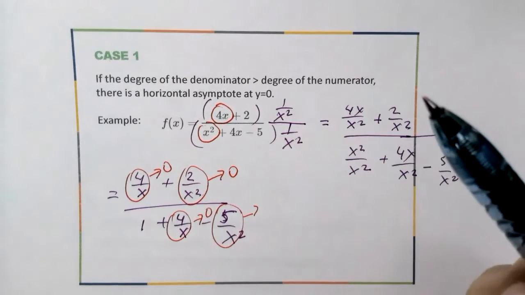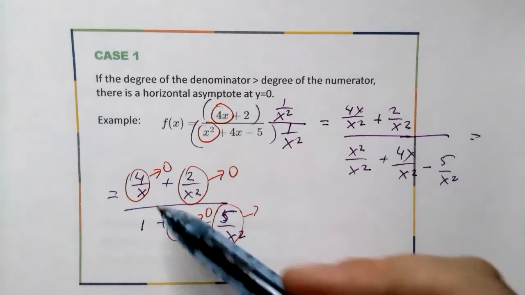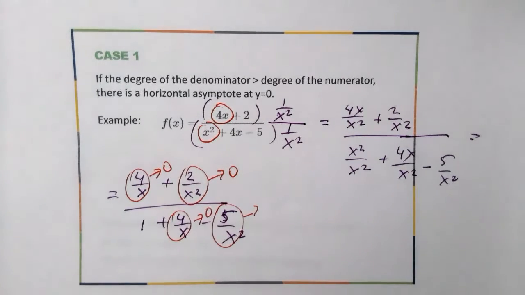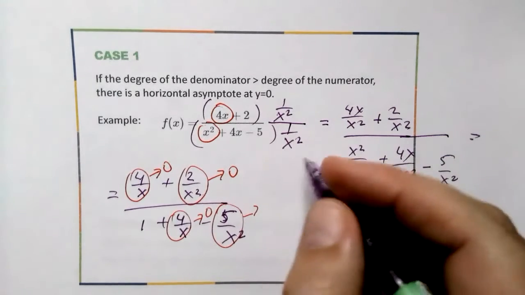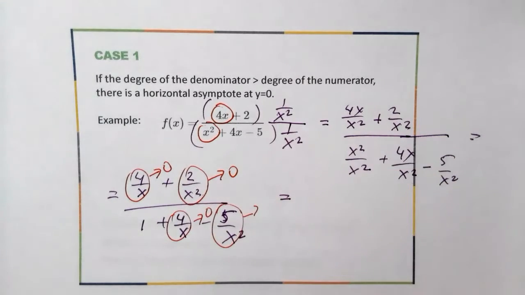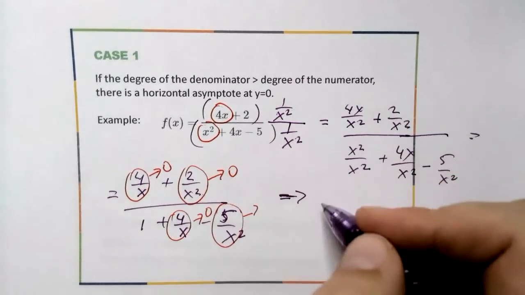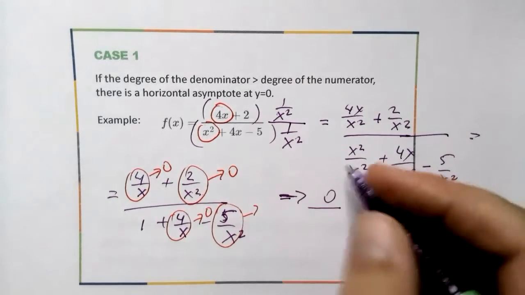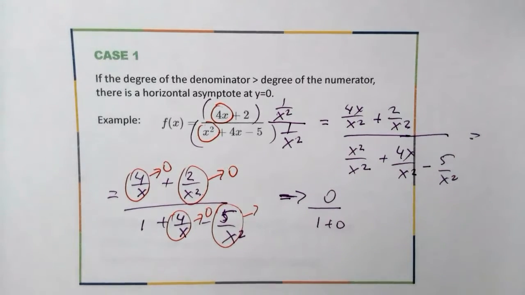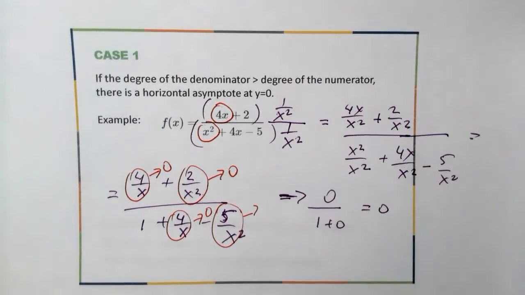So the only thing that's going to matter and actually stay around is this one, right? So if x is really, really big, then we're going to have 0 in the numerator and 1 plus a 0 in the denominator, right? So it's 0 over 1, which is basically 0.